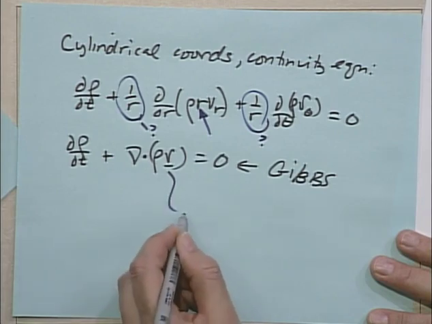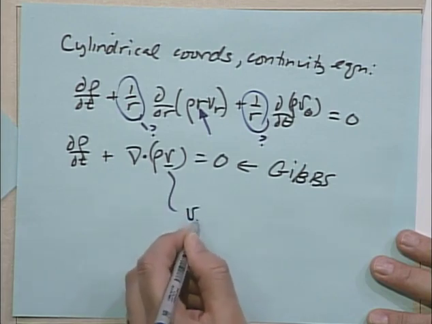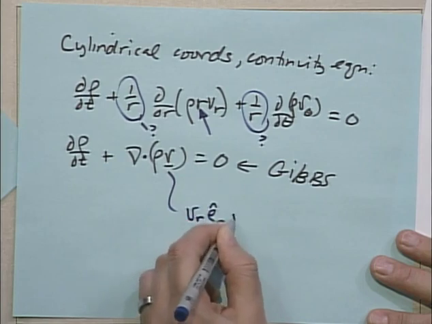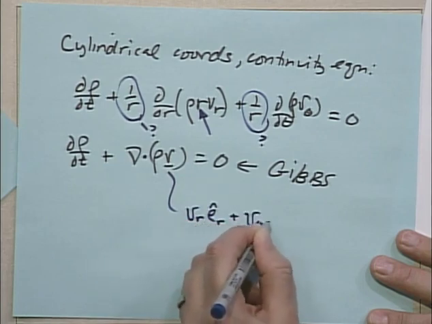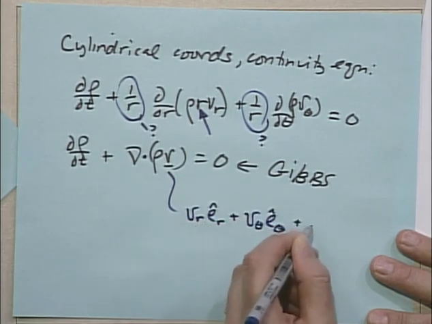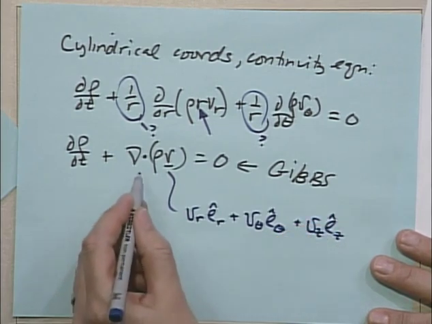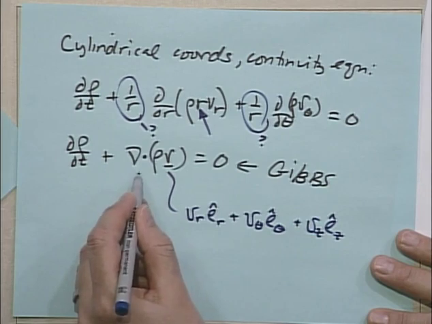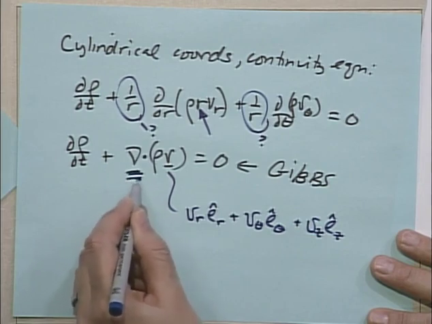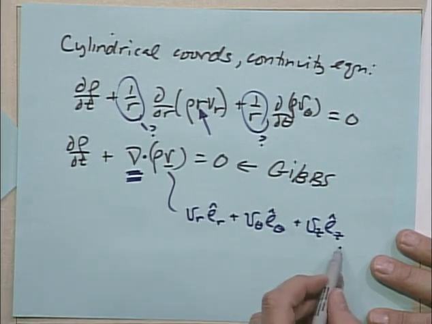When I write v as vr er plus v theta e theta plus vz ez, and I operate this del on it, no problem when I get to the ez, because ez is still a constant.